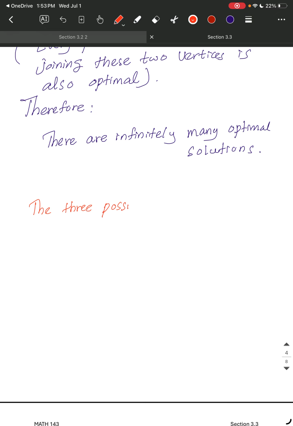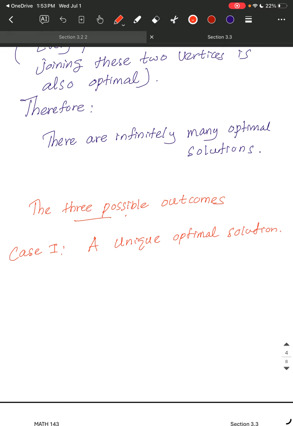First one, case 1, a unique optimal solution. We saw it in our previous examples, previous sections. One corner gives the highest value.